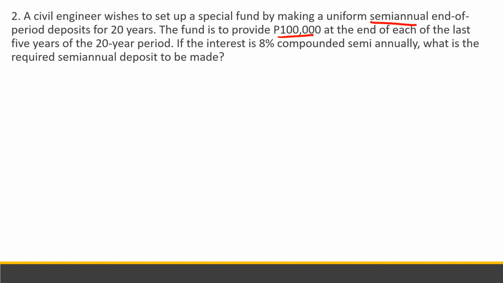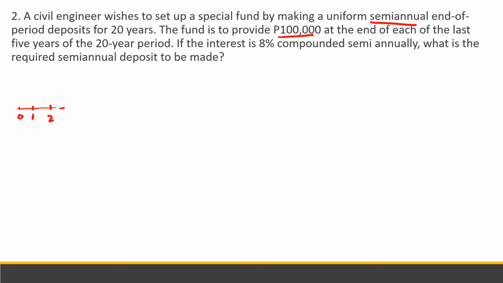So first we will be making our diagram. So for the 0, 1, 2, so mahaba-haba siya.